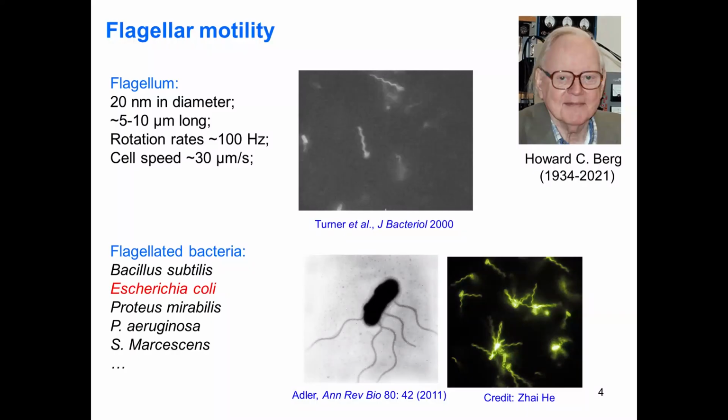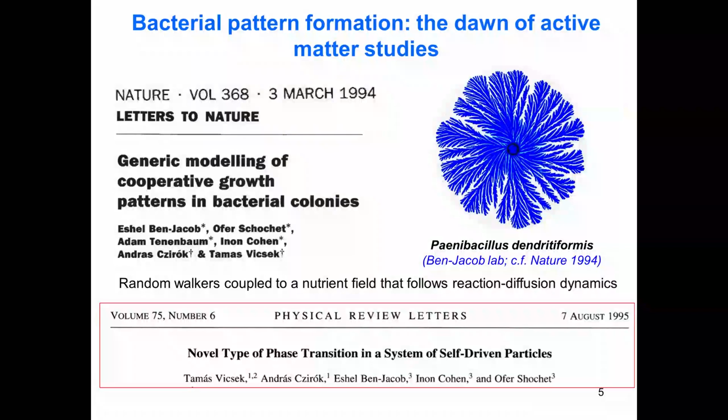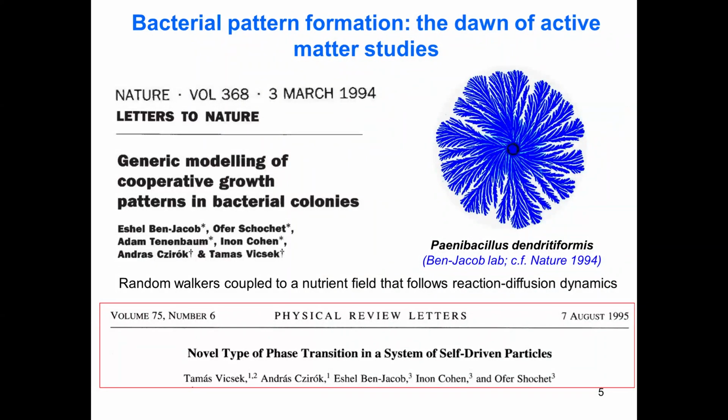And in fact, the dawn of the active matter field was marked by this seminal paper by Vicsek and co-authors in 1995, where they proposed the so-called Vicsek model. More or less at the same time, the same group of authors were studying the pattern formation of bacterial colonies, where they model individual cells, individual bacteria, as random walkers.